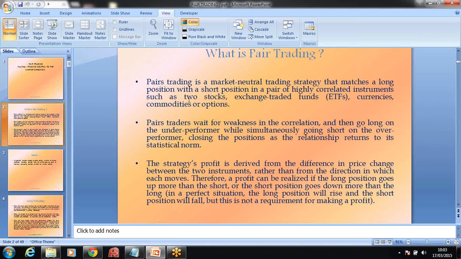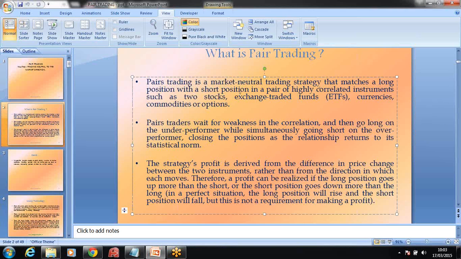Theoretically speaking, pair trading is a market neutral strategy that matches a long position with a short position in a pair of highly correlated instruments, that is two scripts, two symbols, or ETFs, currencies, even commodities and options. In Neutree, we have done it for NSE symbols, and also for commodities like gold and silver, both bullion, precious metals.